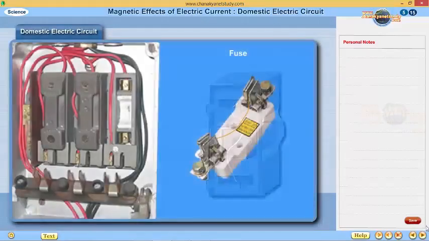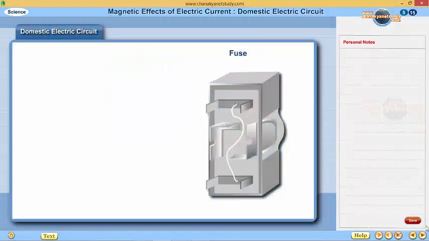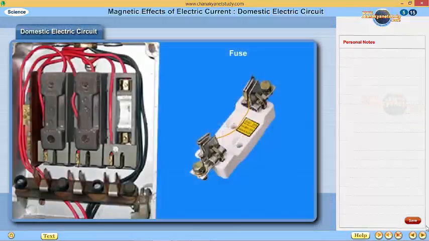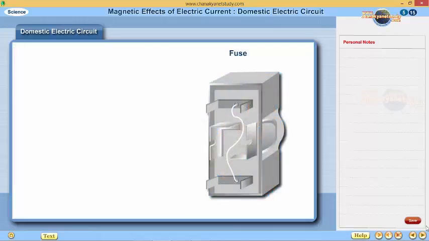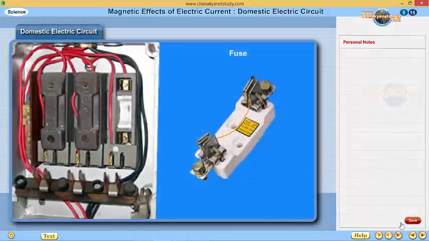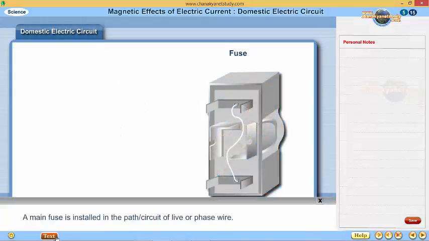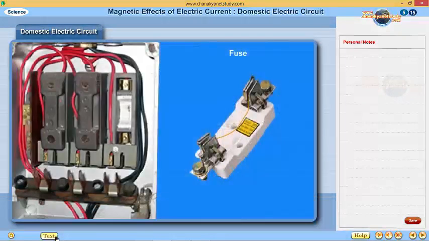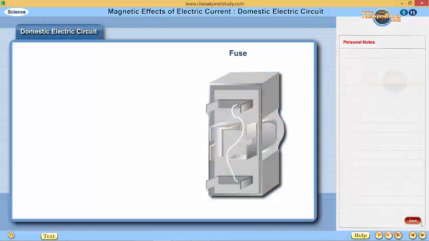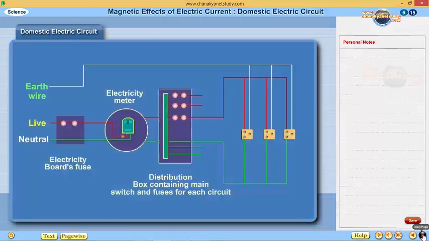A main fuse is installed in the path of the live or phase wire. The output electric power from the main switch is distributed to the domestic electric circuit.